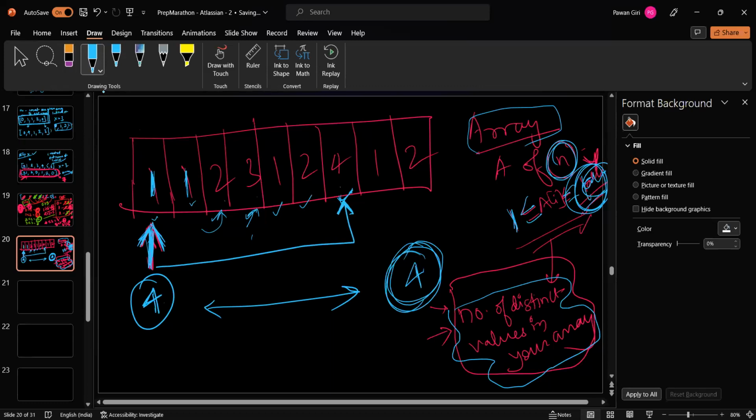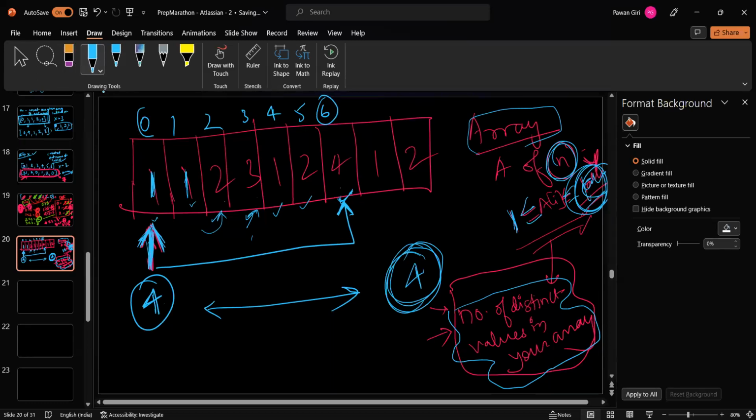How many students have you taken? Let me write the indices for this. You are stopping at the sixth index when you are starting from the zeroth index. So the number of students here is 6 minus 0 plus 1, which is 7.